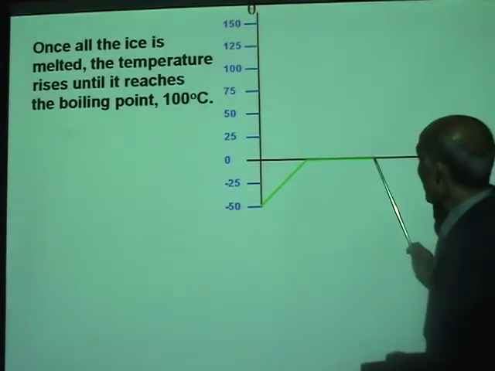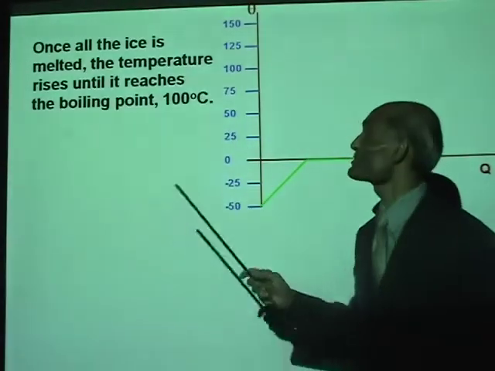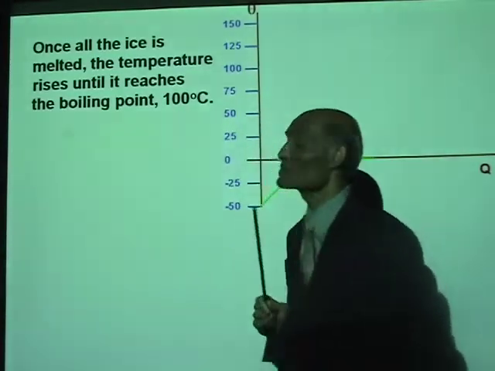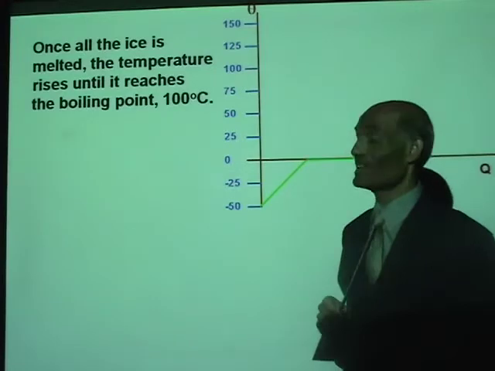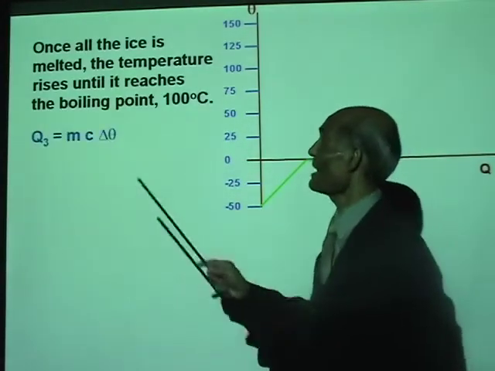Now, once all the ice has melted to become water, additional heat supplied will now increase the temperature of water until the water temperature reaches 100 degrees Celsius. So, what is the quantity of heat absorbed during that time?